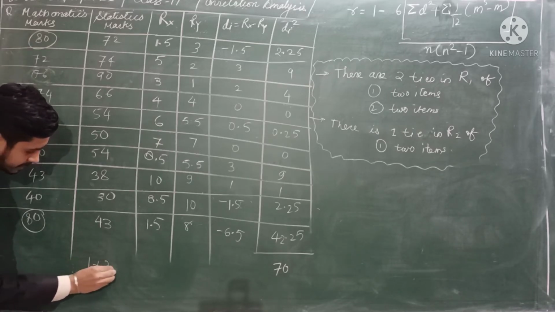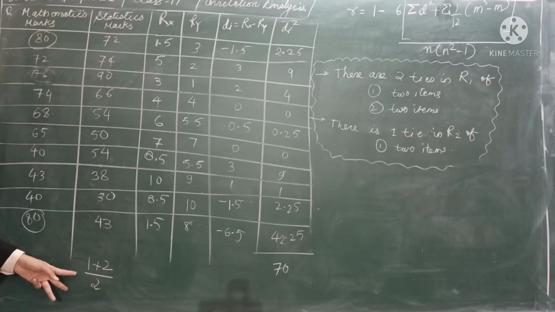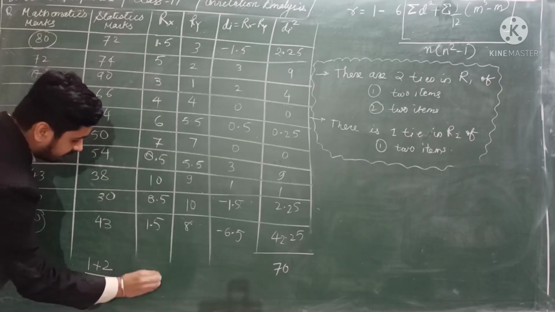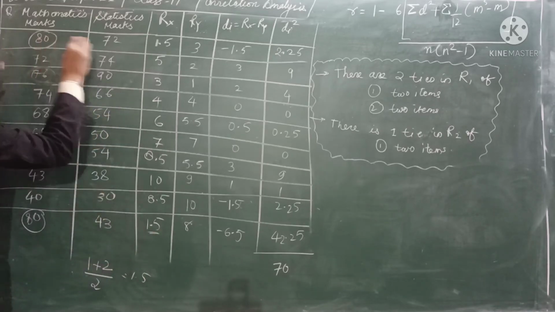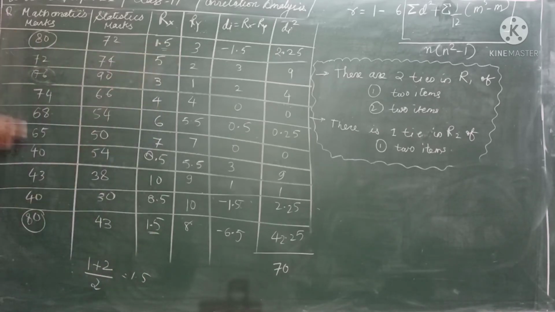First rank plus second rank divided by 2. That means you have to write the average of the rank, that is 1.5. So let us give this 1.5 and this also 1.5. Now moving ahead, which is the second highest?